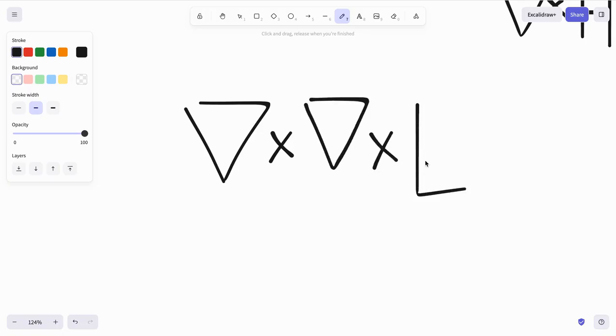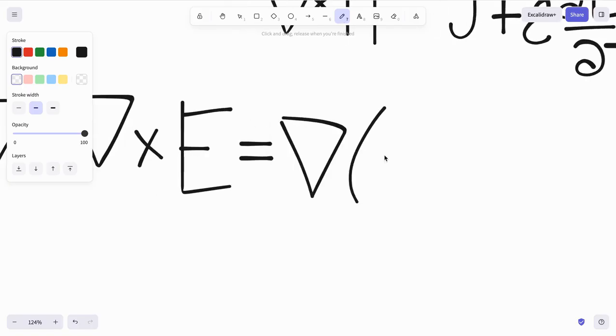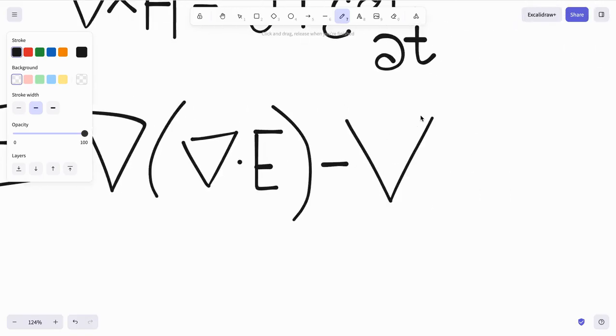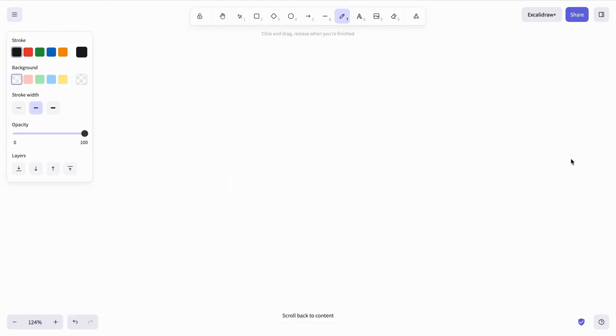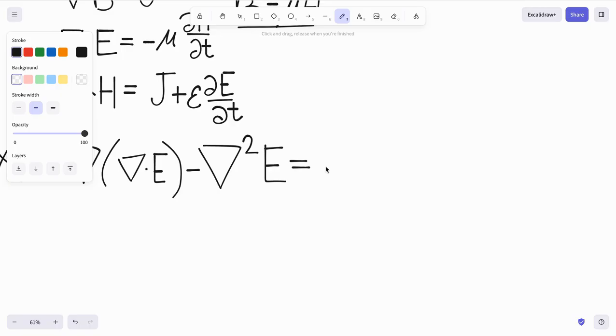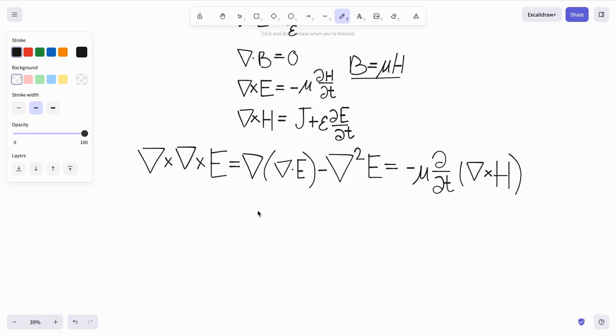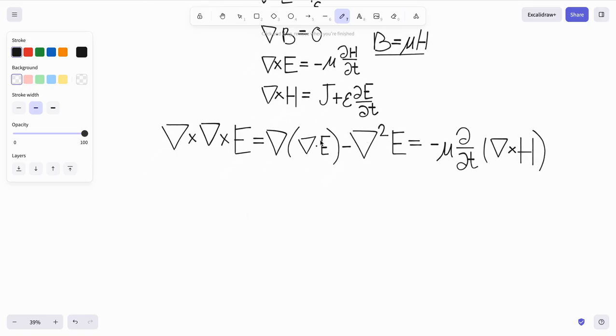The curl of the curl of E, by an identity, is equal to the gradient of the divergence of E minus the Laplacian of E. And this equals minus mu times the derivative with respect to time of the curl of H, since we have to take the curl on both sides. Let's simplify this equation with some substitution.